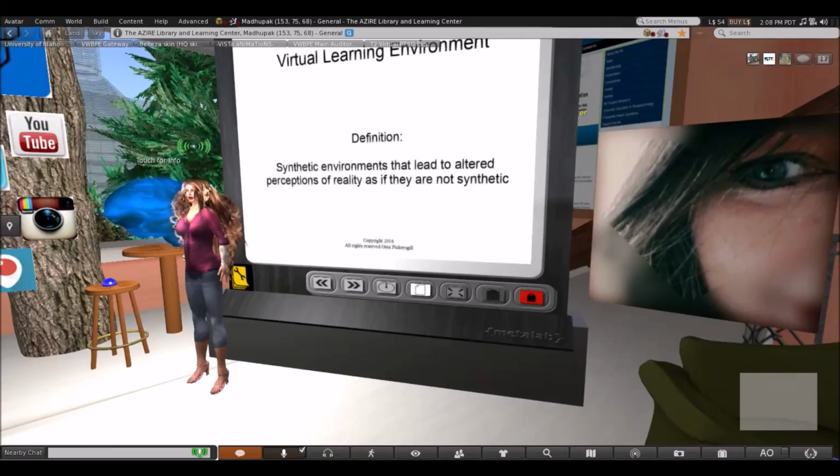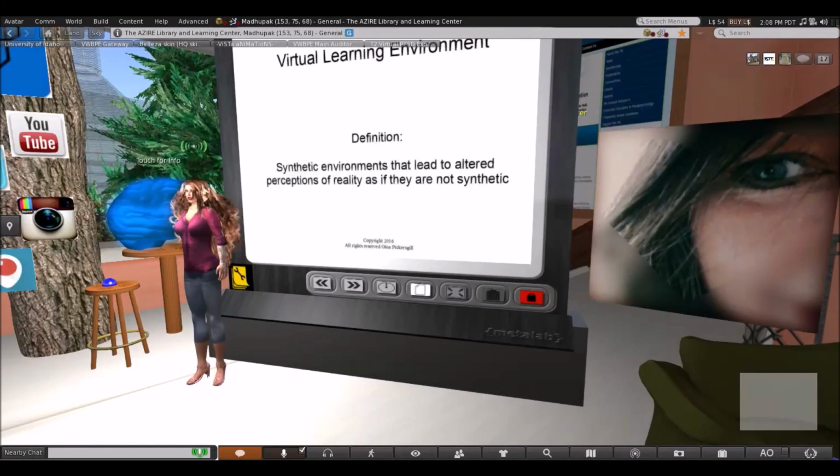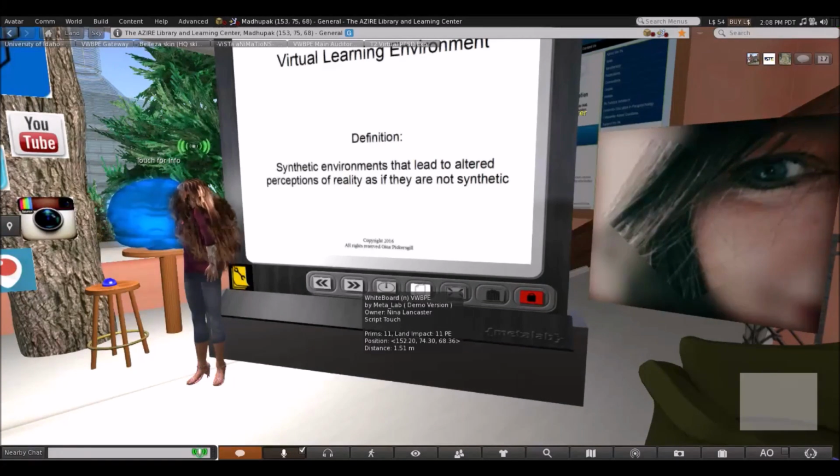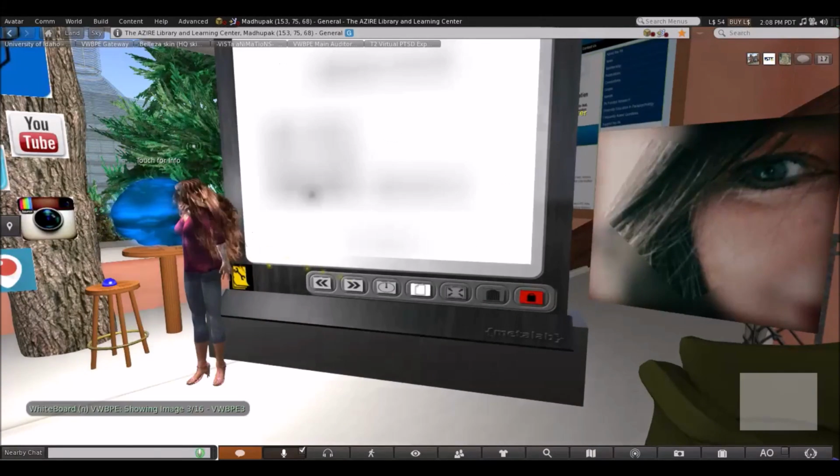So if you're watching a movie, for example, you begin to really get into the movie and you suspend belief and start to be triggered by some of the actions in the movie. And it's the same with virtual worlds. So a virtual environment is synthetic, but we respond to it via our perceptions as if it's actually real.